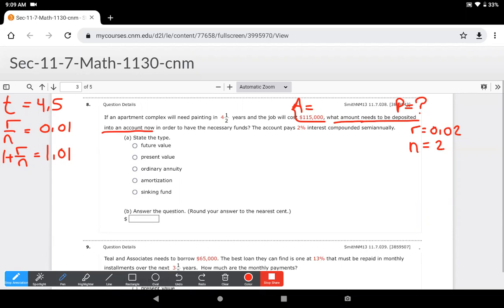So this is a present value formula. And we'll use P equals A times 1 plus R over N to the negative NT. So again, this is written in the cleaned up form versus I was just doing A divide by when you have a positive one of these exponents, but this is the same action, right?